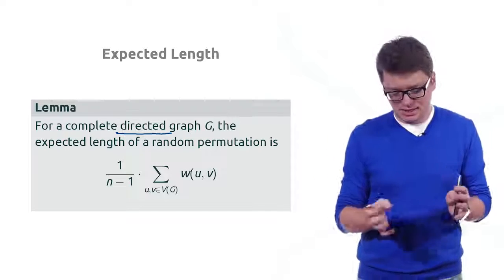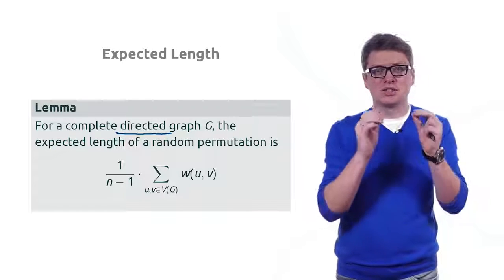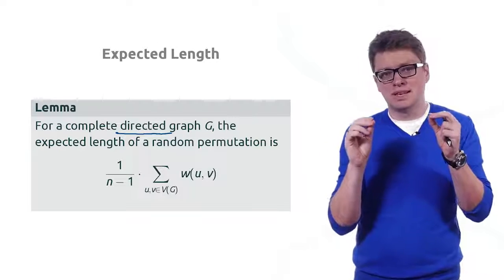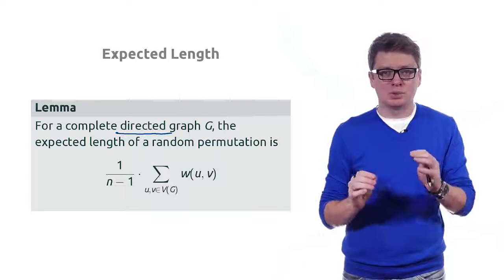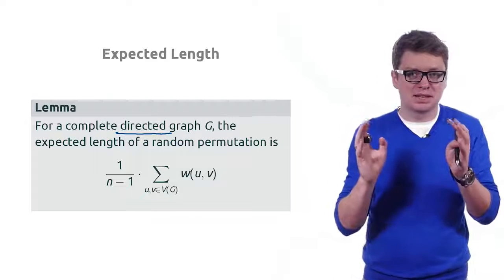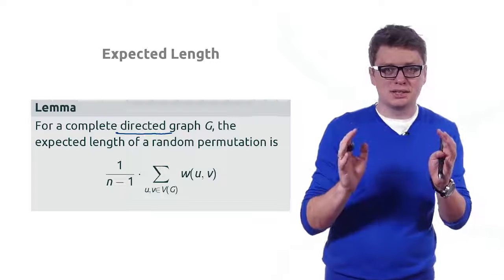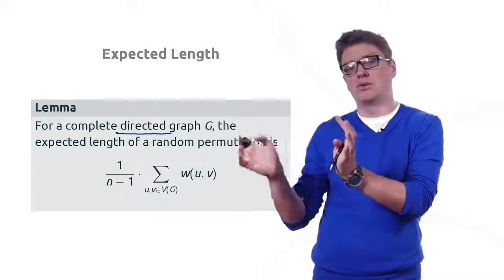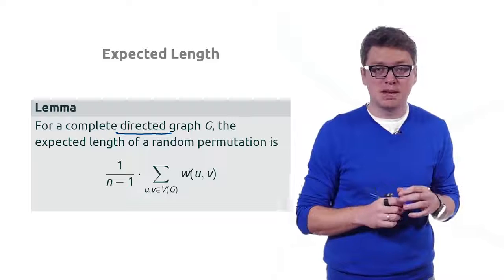Which means that for each edge, its contribution to the expected length is its weight divided by n-1. Since the expectation is linear, we can compute the total weight as the sum of expectations of all the edges, which gives us the sum of all edges divided by n-1.